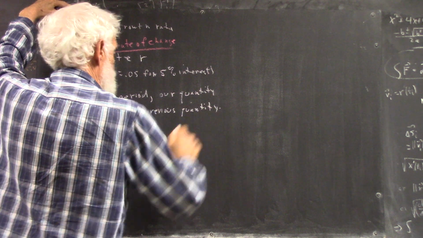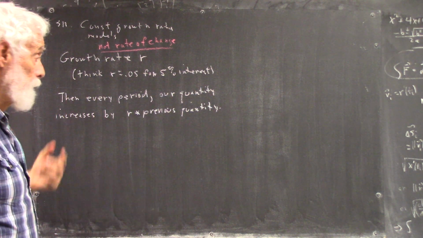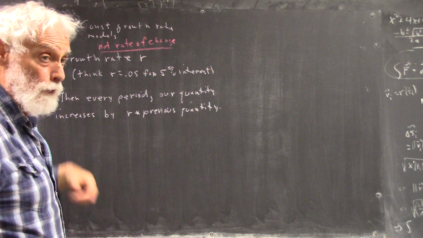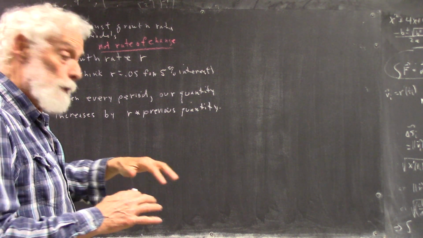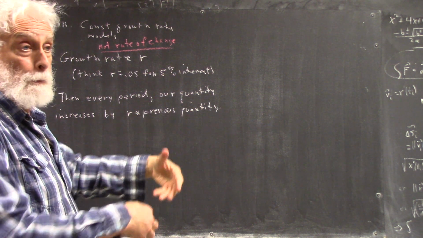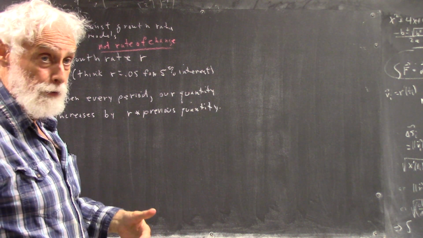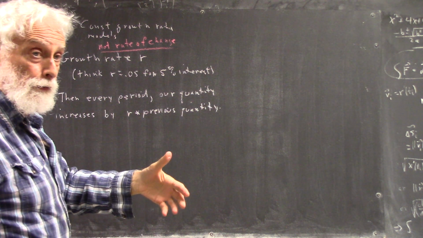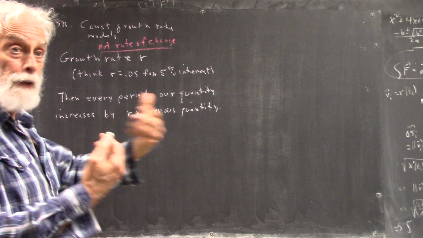So again, in the interest situation, if I've got $10,000, my growth rate is 0.05, then in a year, my principal will increase by 5% of $10,000, or 0.05 times $10,000, which is $500. And then we have $10,500 in the next year. It'll grow by 5% of that.